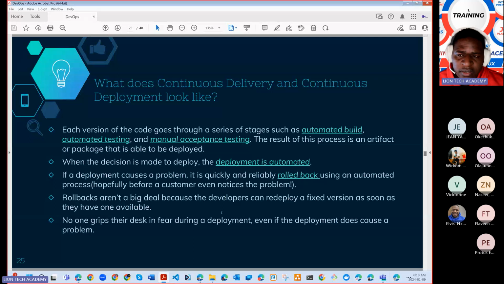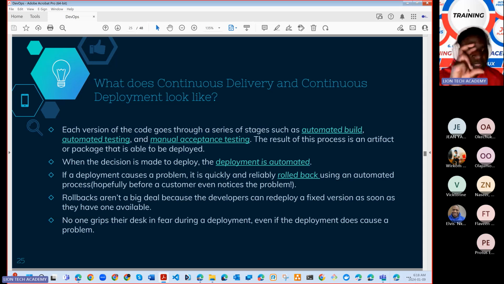So what does steady continuous deployment and continuous delivery look like? Each version of the code goes through a series of stages, such as automated build, automated testing, and manual acceptance testing. The result of this process is an artifact or package that is able to be deployed. Of course, when we build, we have an artifact. So think of it this way. When you mix the flour and everything you want for the bread, what happens? You now have a bread.